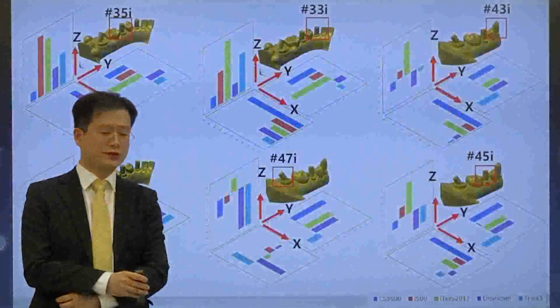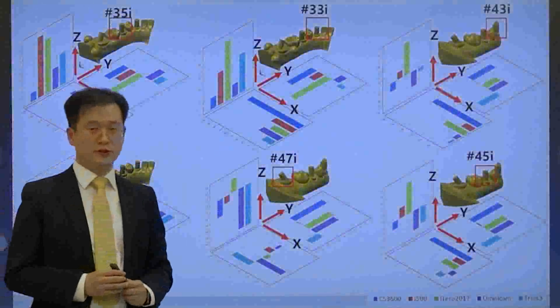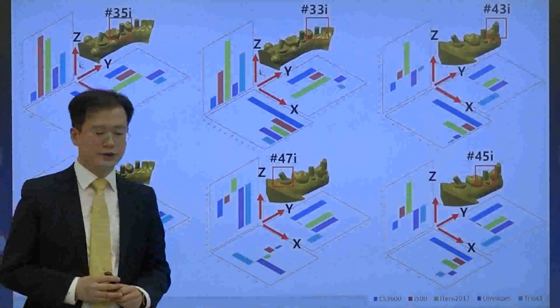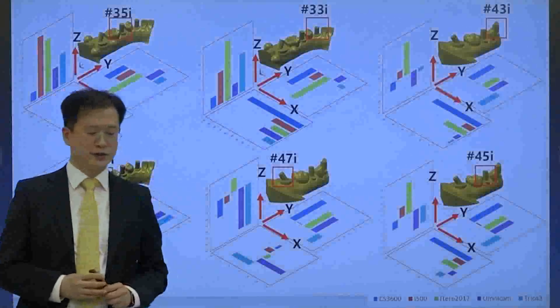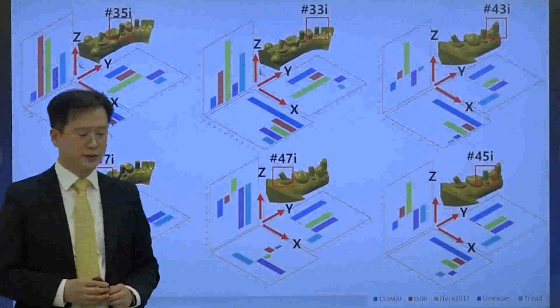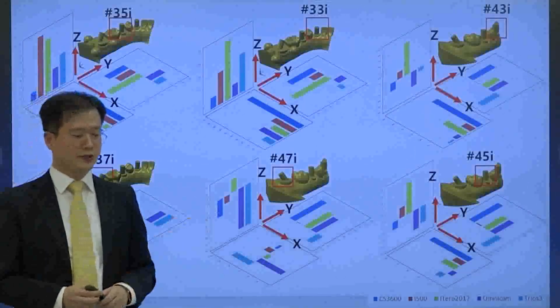With this phantom model, we can evaluate the amount and direction of distortion. In this way, we can check the critical points to consider when selecting the appropriate intraoral scanner. The result of this evaluation is accessible in the journal named PLOS ONE.